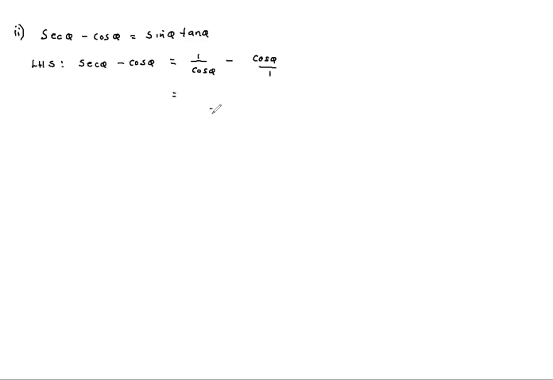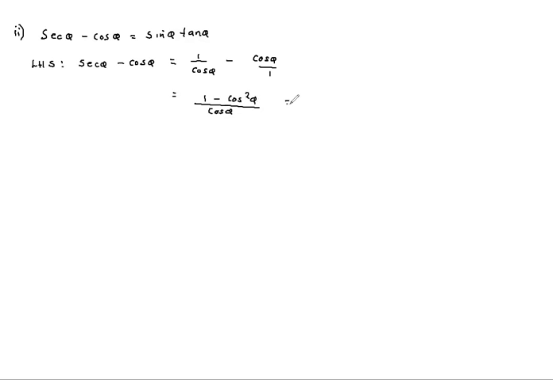The common denominator will be cos theta. And then cos theta in cos theta, you get 1 minus, in cos theta, you get cos theta, multiplied by cos theta, we'll get cos squared theta.